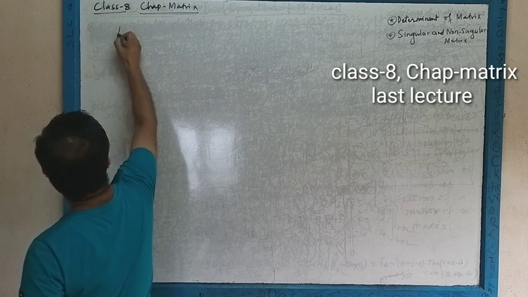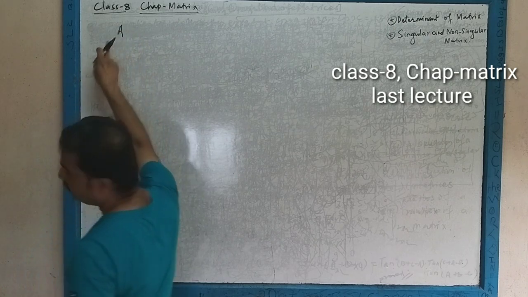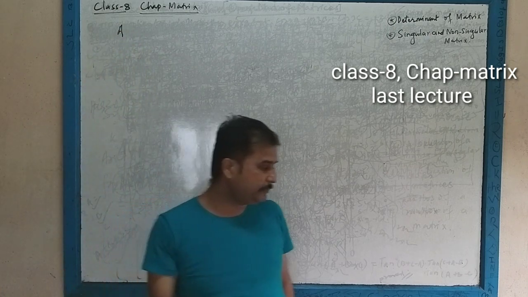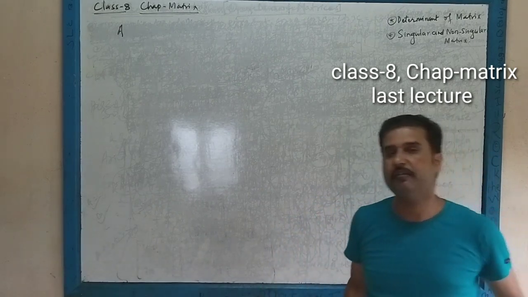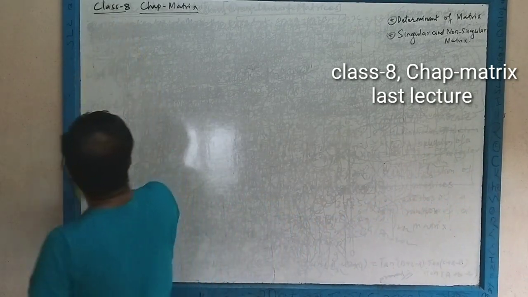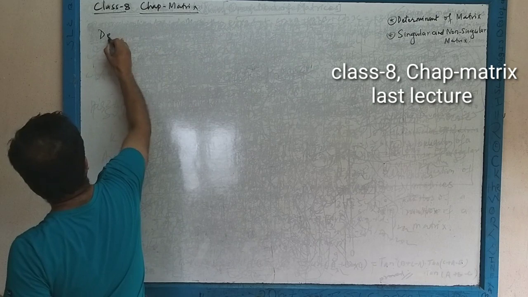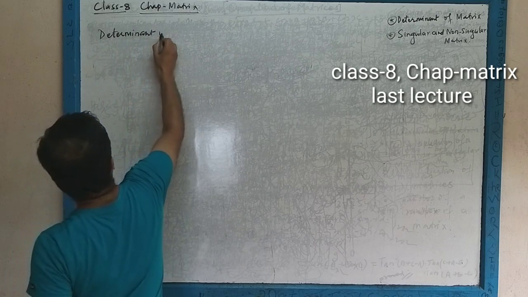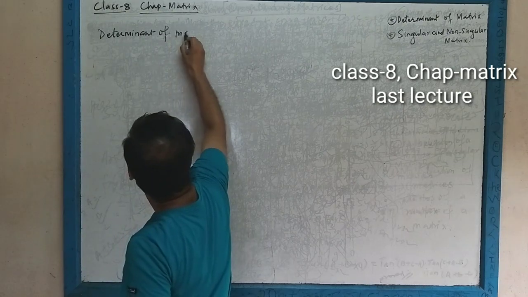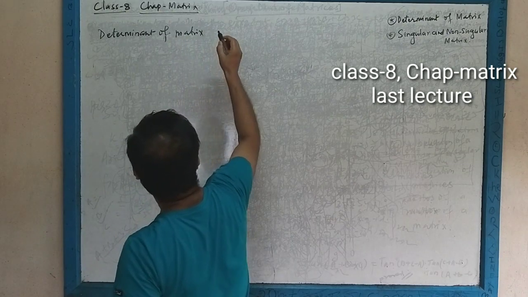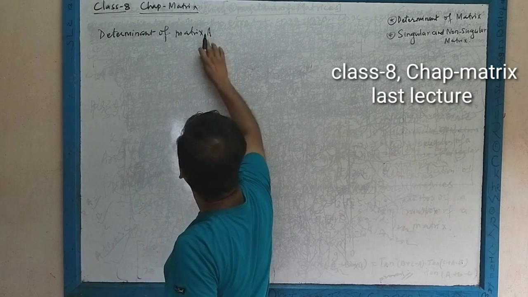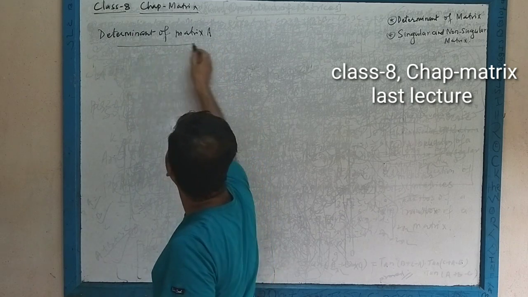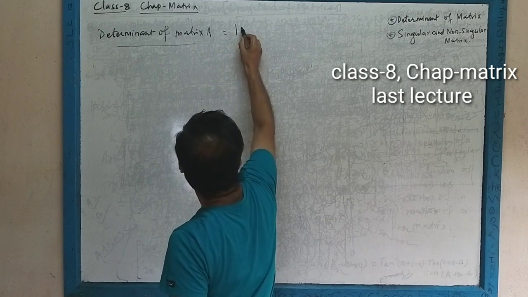Determinant of matrix A. First of all, how do we represent the determinant of matrix A? Determinant of matrix A is written as, just you write like this.